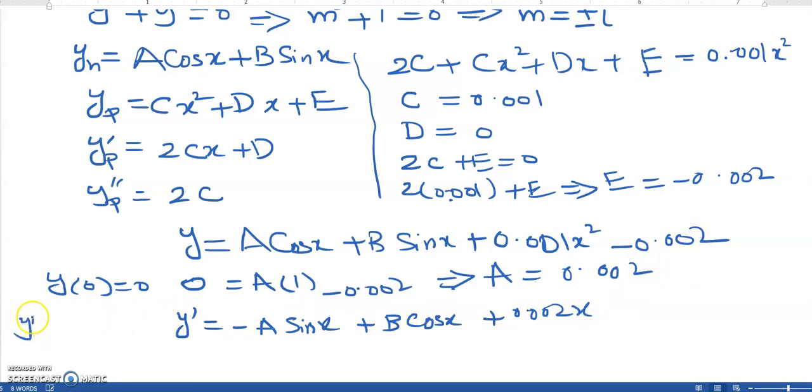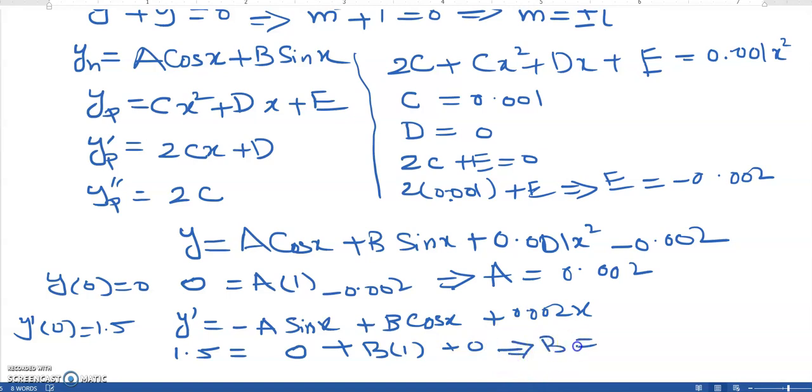So y prime of 0 is equal to 1.5, that is given. So 1.5 is equal to, this term will be 0, because sine of 0 is 0, then this term is b times 1, and then the last term is also 0. So b will be equal to 1.5.